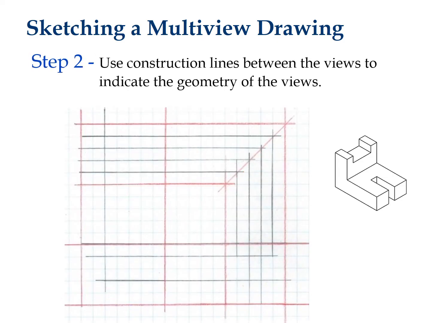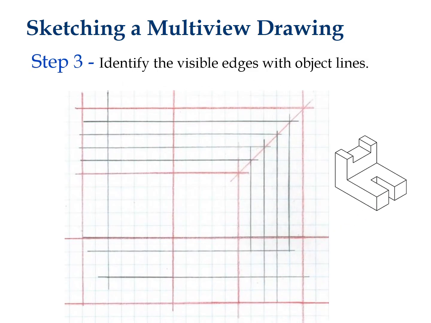Next, use construction lines between the views to indicate the geometry of the views. Next, identify the visible edges with object lines.